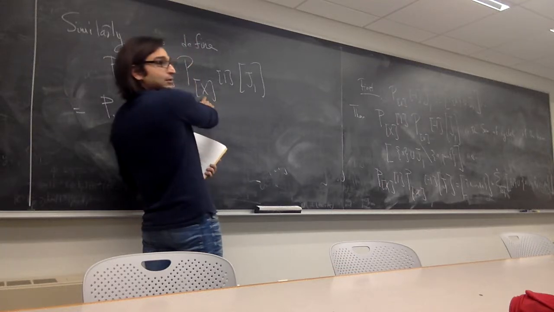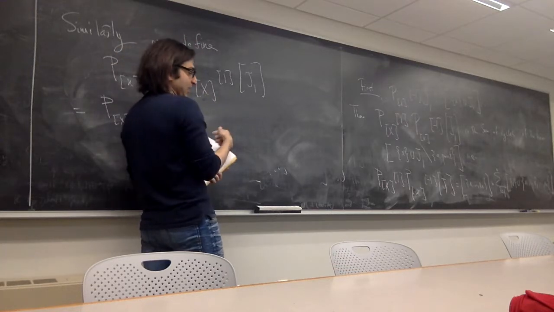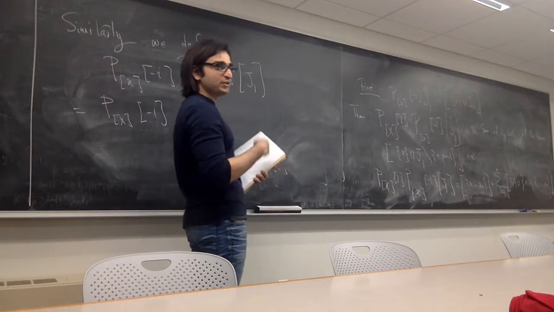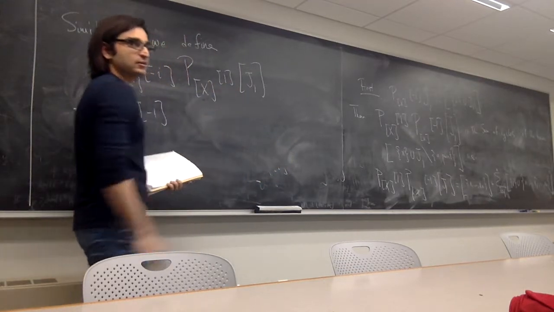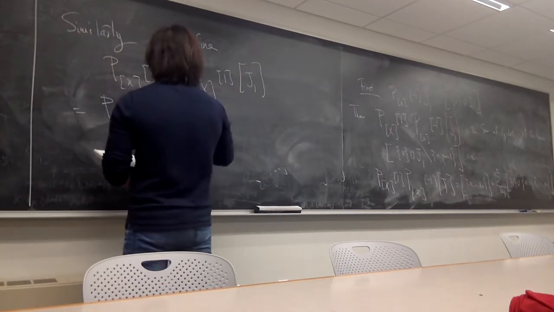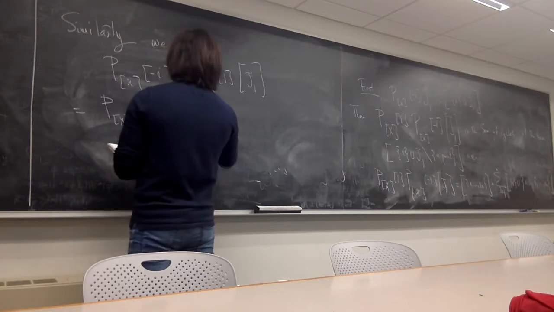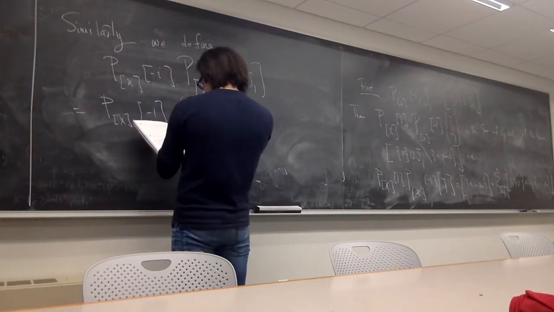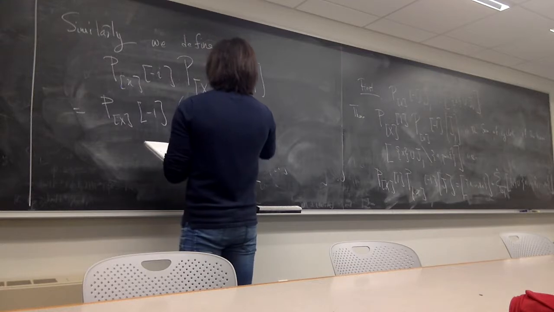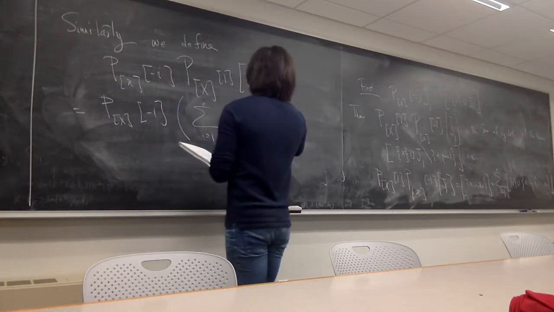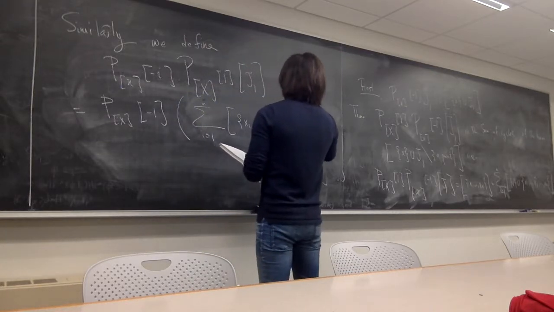In this case, that means you can, in principle, remove a point anywhere you want. So this is again a sum of cycles, x1 to xn with xi missing.